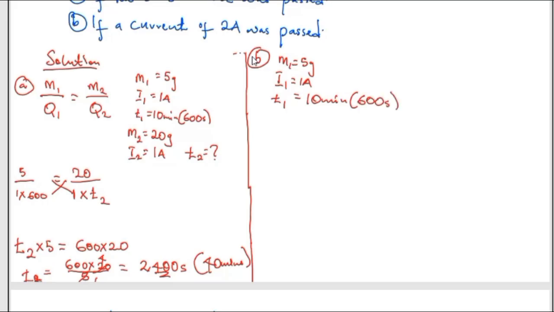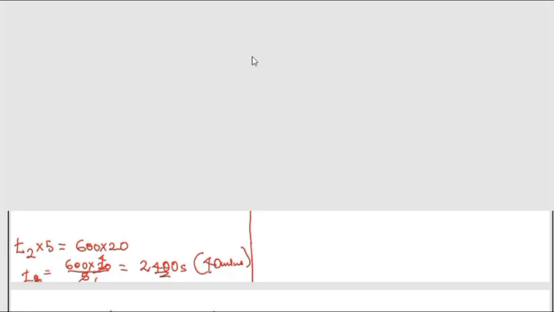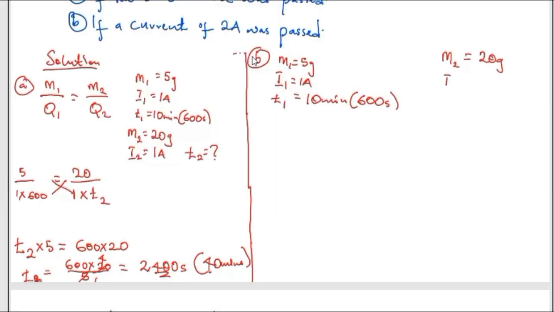Then our M2 is 20 gram. Now they are telling us that our I2 will be 2 amps. Then we are looking for T2, which is unknown.